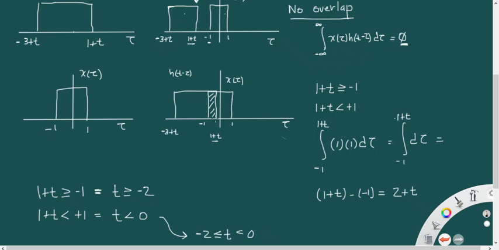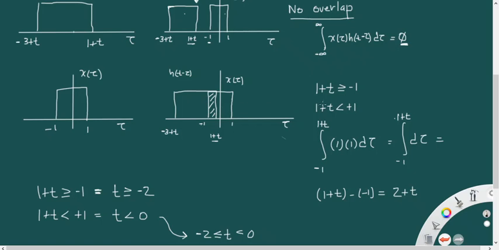So this is a representation of what this value will look like. And if we integrate this, we can now use this region of integration that goes from -1 to 1 plus t, which is the area that I am highlighting here in the shadow. These little diagonal lines represent this region of integration.